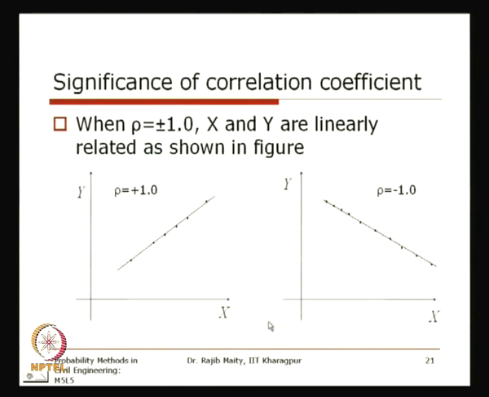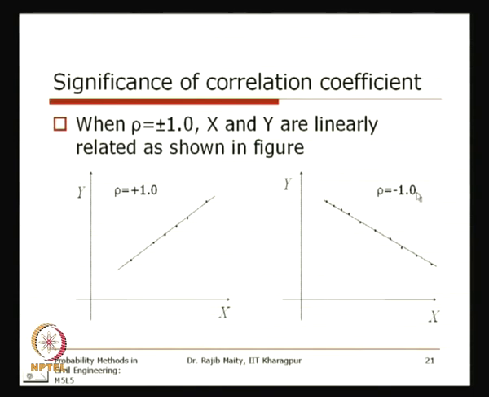Now, what do these things mean when it is exactly equal to +1 or -1? When it is exactly equal to +1, there is a perfect linear relationship, which ensures that the increase of one random variable ensures the increase of the other, and also the opposite.